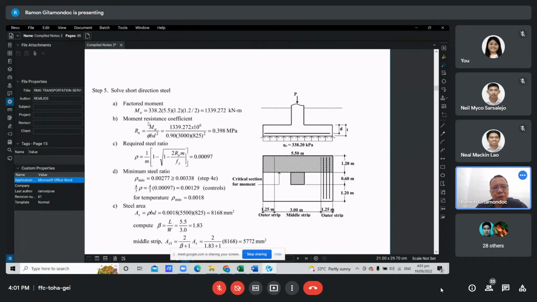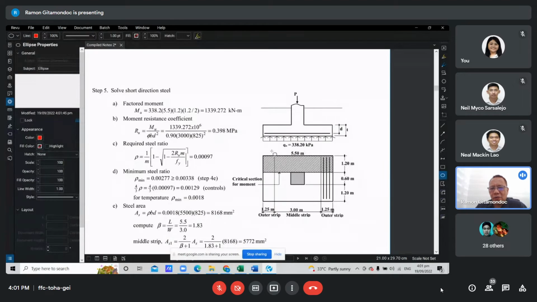The reason is that of course there is greater pressure; if you imagine the bending of the footing, there is more stress in the region near the column, while in the regions away from the column the stress is lesser.